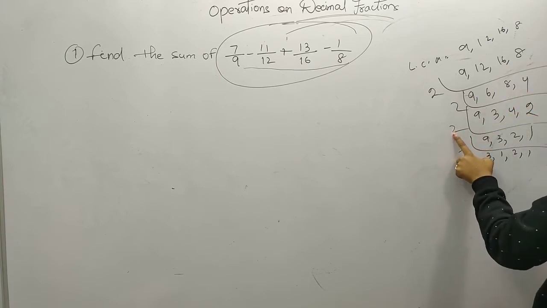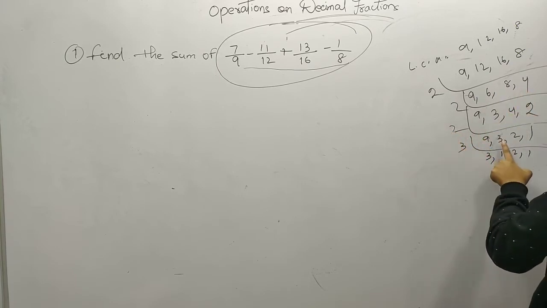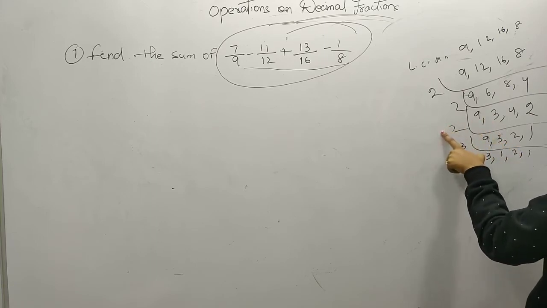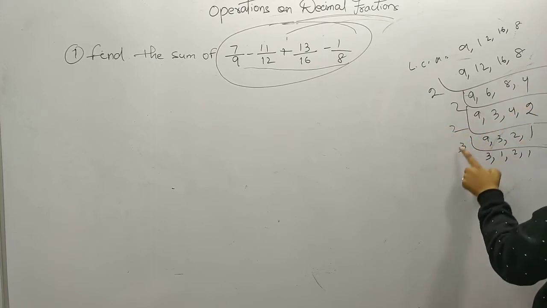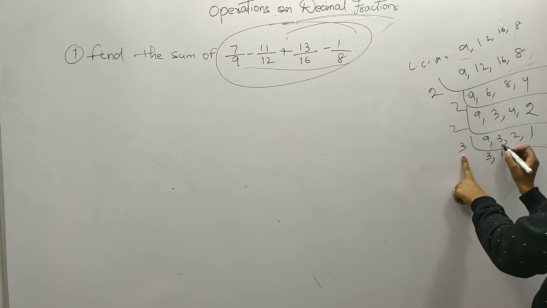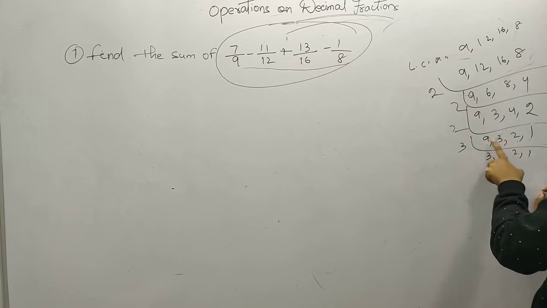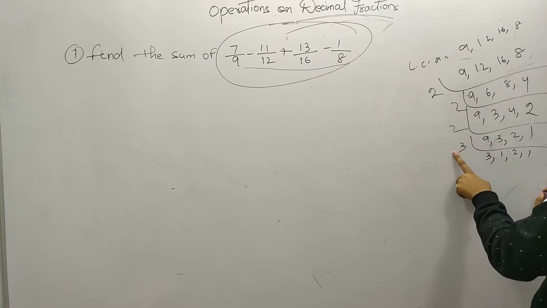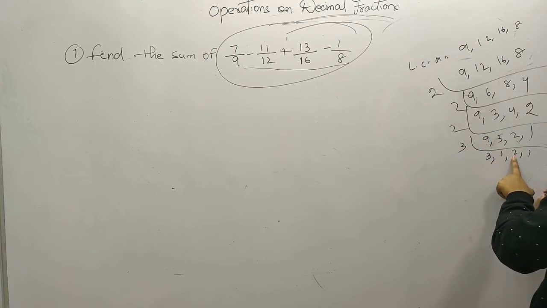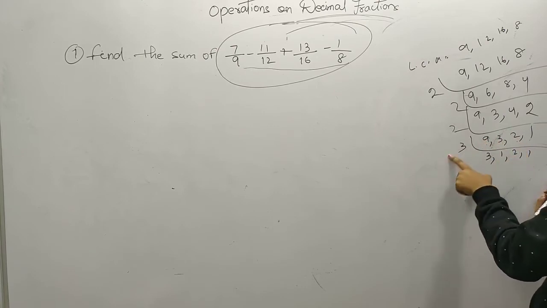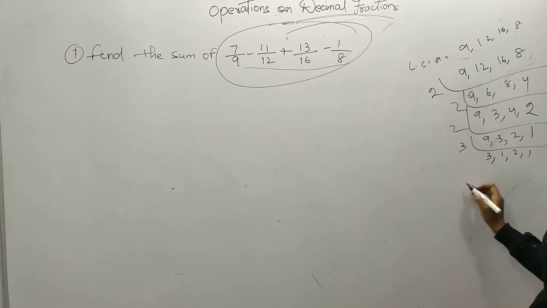Once again write 9. 3 is not there in the 2 table. 2 2s are 4, 2 1s are 2. Last, what is there? 3 9 2. Now you have to solve these two. These two come in the 3 table: 3 3s are 9, 3 1s are 3. Last one, 2 is not coming in the 3 table, so leave it here.